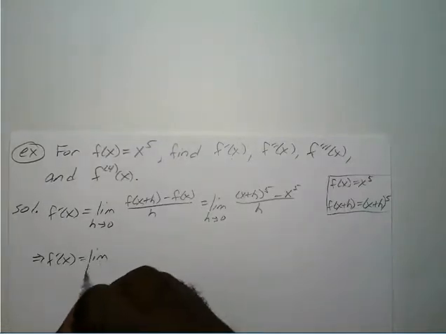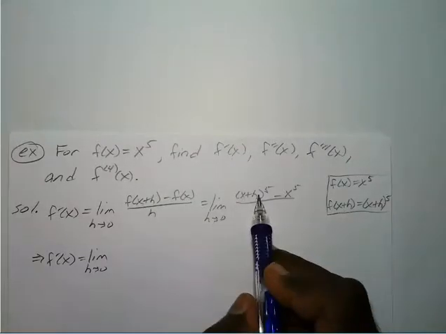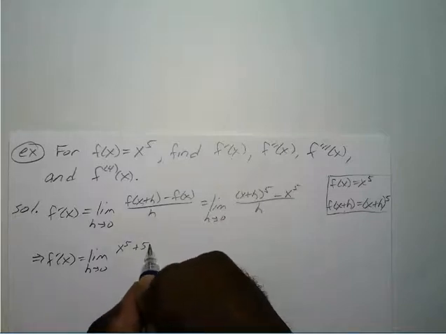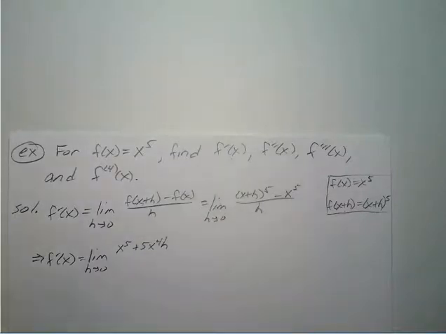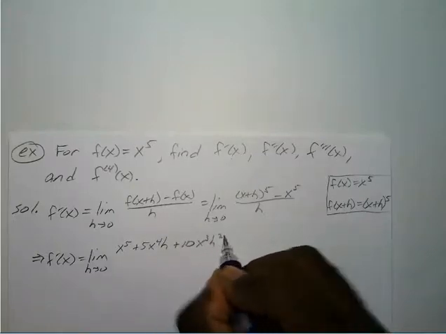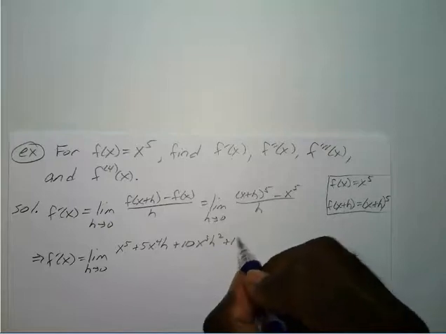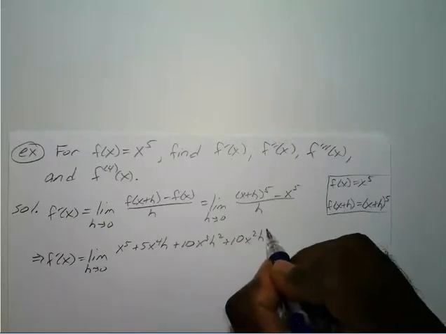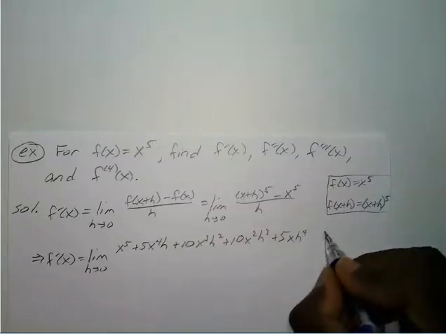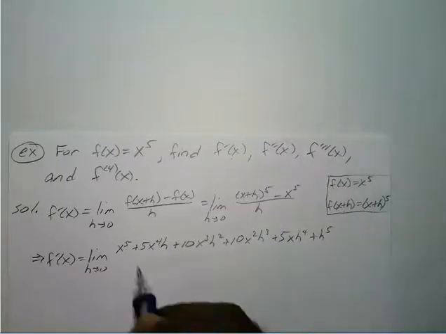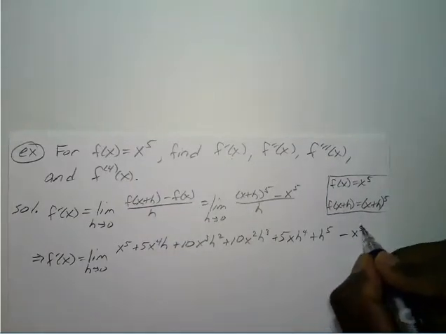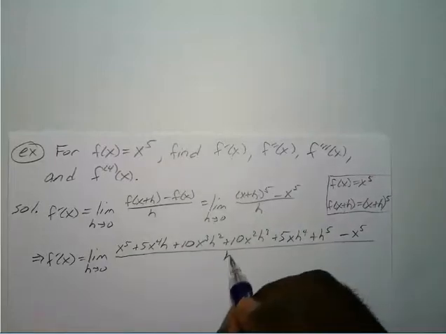So x plus h to the fifth power is equal to x to the fifth power plus 5x to the fourth power times h plus 10x to the third h squared plus 10x squared h to the third plus 5xh to the fourth plus h to the fifth, minus f of x, so that's minus x to the fifth, all over h.